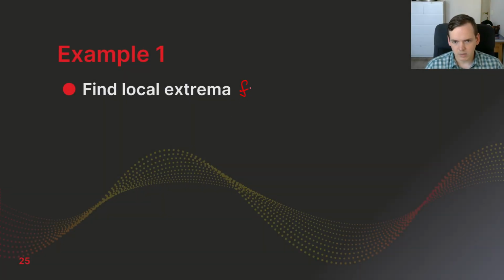So our first example, find the local extrema for the function f of x is equal to x cubed minus 3x squared minus 9x minus 1. So first we need to find the critical points by finding the derivative. 3x squared minus 6x minus 9.